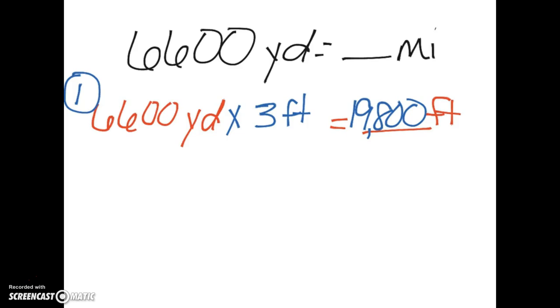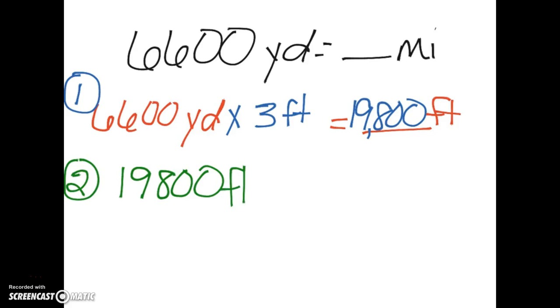Now, I have to take this answer and convert those feet into miles. So for step 2, I am starting off with that 19,800. Sorry, I'm having trouble with that number today. And I want to convert those feet into some number of miles.